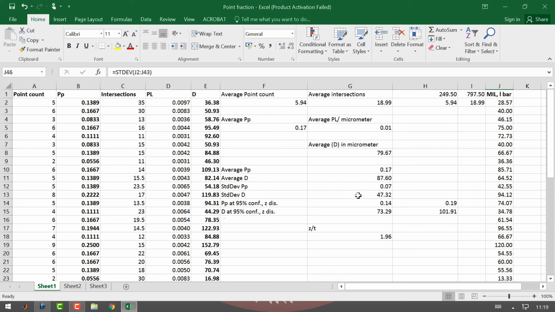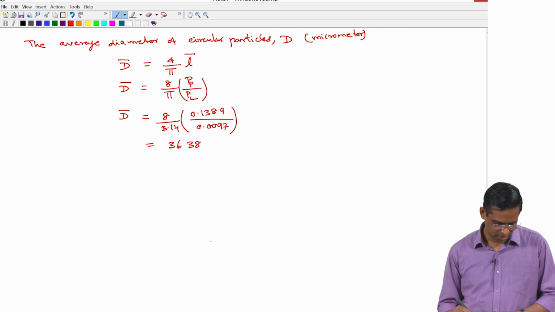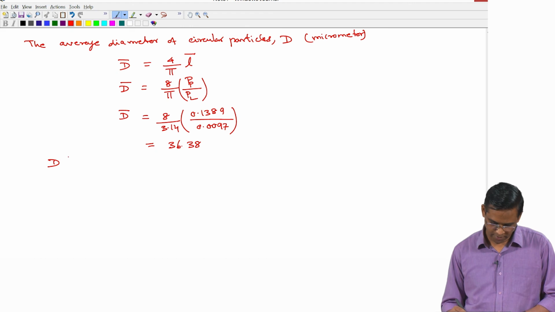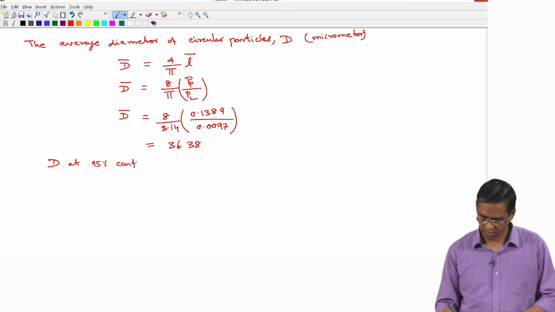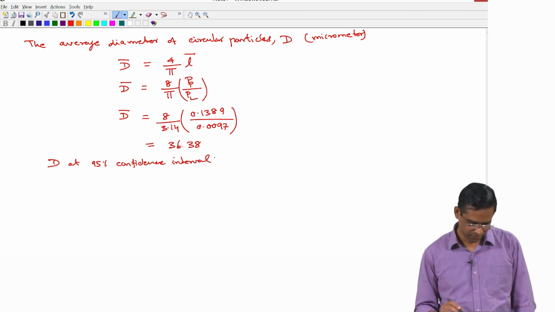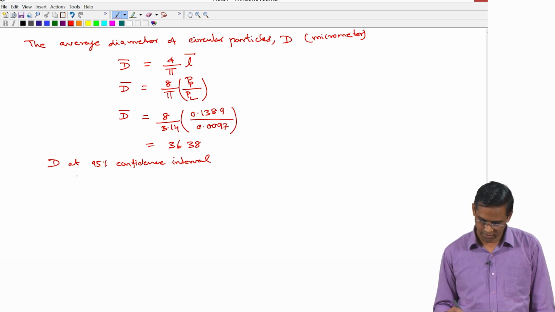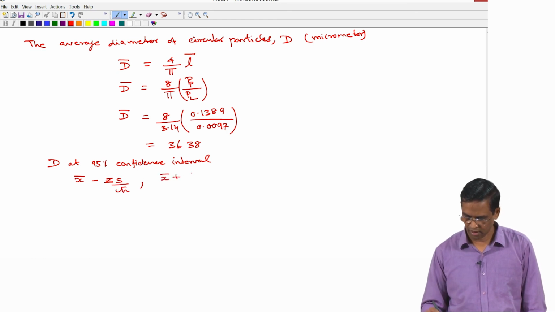We can now again put them in the form of a confidence interval. That means D at 95% confidence interval using the normal distribution. Let us again use this. This is for the lower limit and this is for the higher limit.